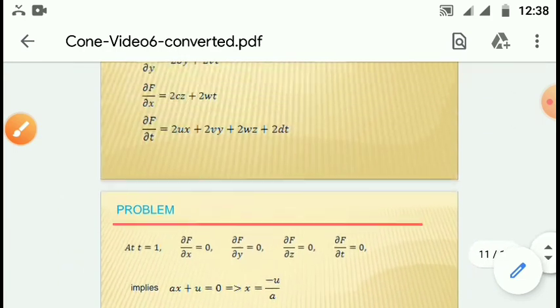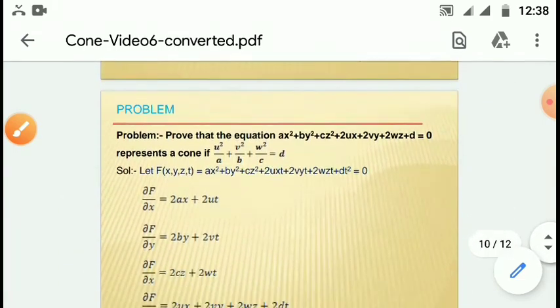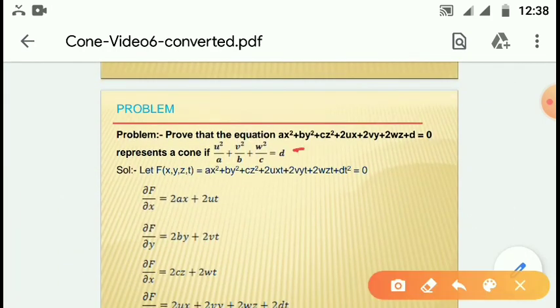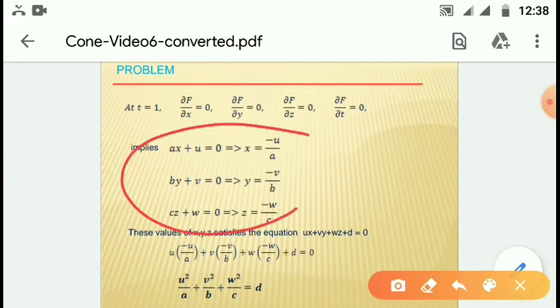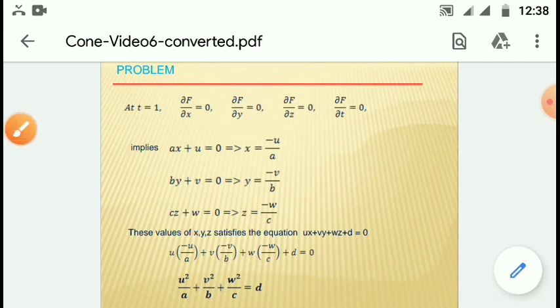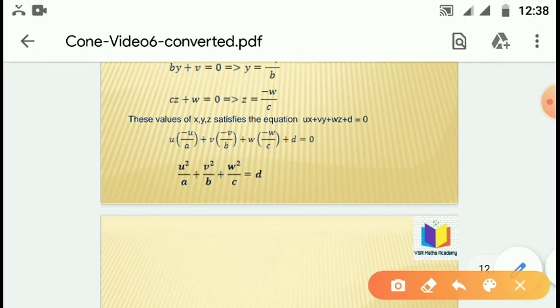So we have to prove that the given equation represents a cone. For that, we have to prove that these 4 equations are consistent. So first we solved these 3 equations. We have 3 values of x, y, z, and by substituting these 3 values in the 4th equation, we get like this, and finally we get like this.